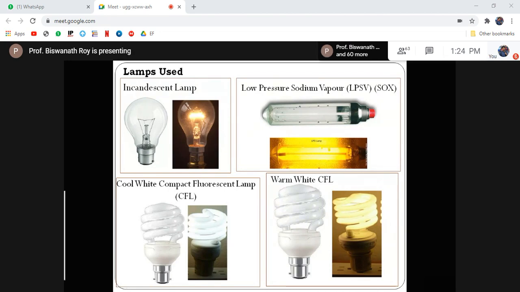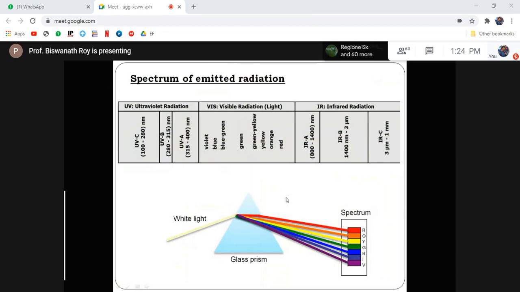So if we want to know the constituent wavelengths of the radiation emitted by any lamp, then we need one instrument, that is a spectrometer. The basic function of the spectrometer is to split the wavelengths which comprise the incident radiation. So this is a simple pictorial representation of these phenomena.